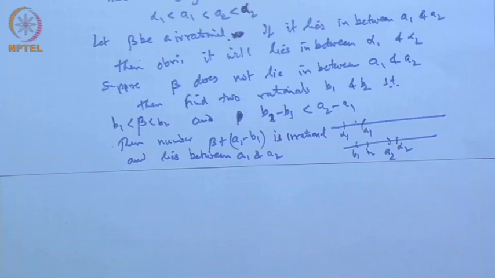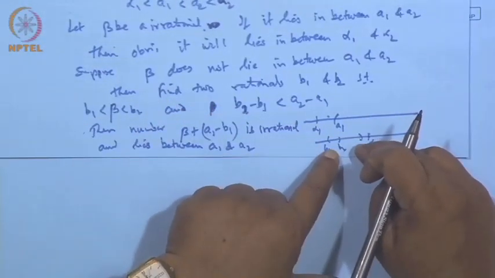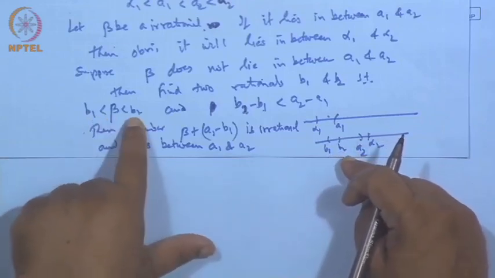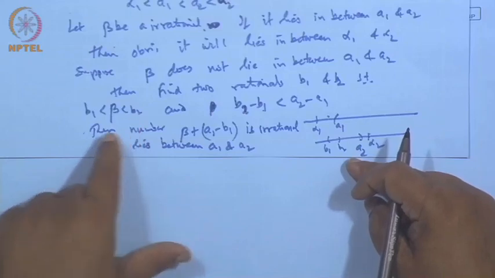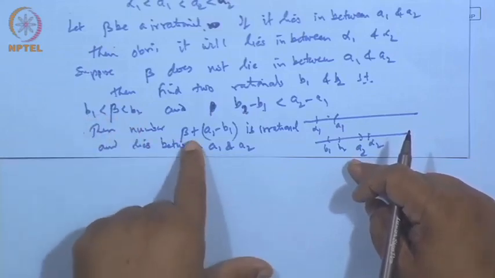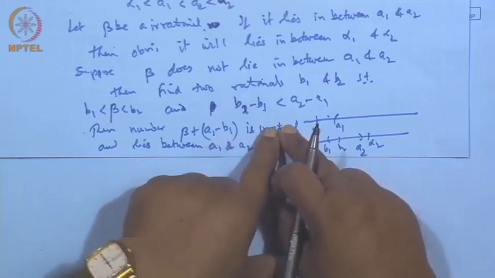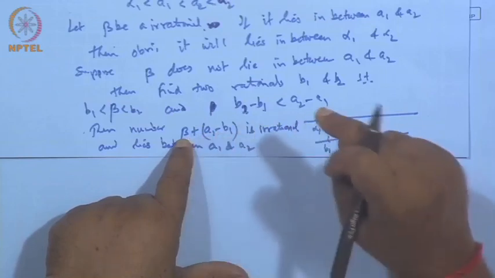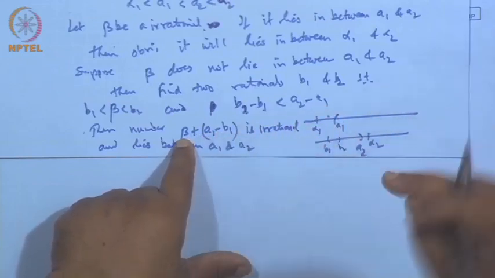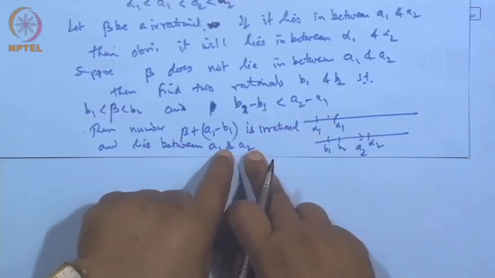Why? Suppose beta does not lie between a 1 and a 2, then I can choose two rational numbers b 1 and b 2 which enclose beta. Construct the number beta plus a 1 minus b 1. I claim this is irrational, which is obviously true because beta is irrational. For example, if root 2 is irrational, then 2 plus root 2 will also be irrational. But the claim is that it lies between a 1 and a 2.